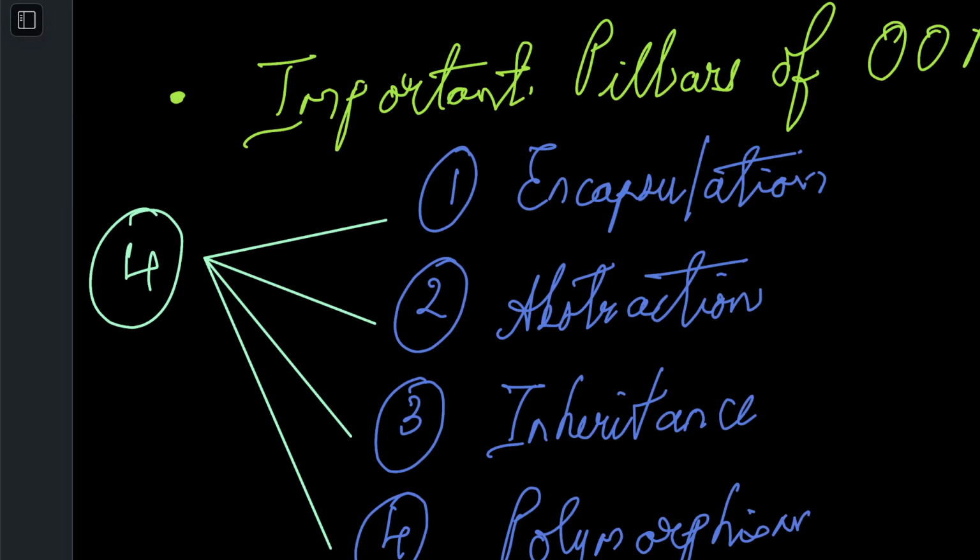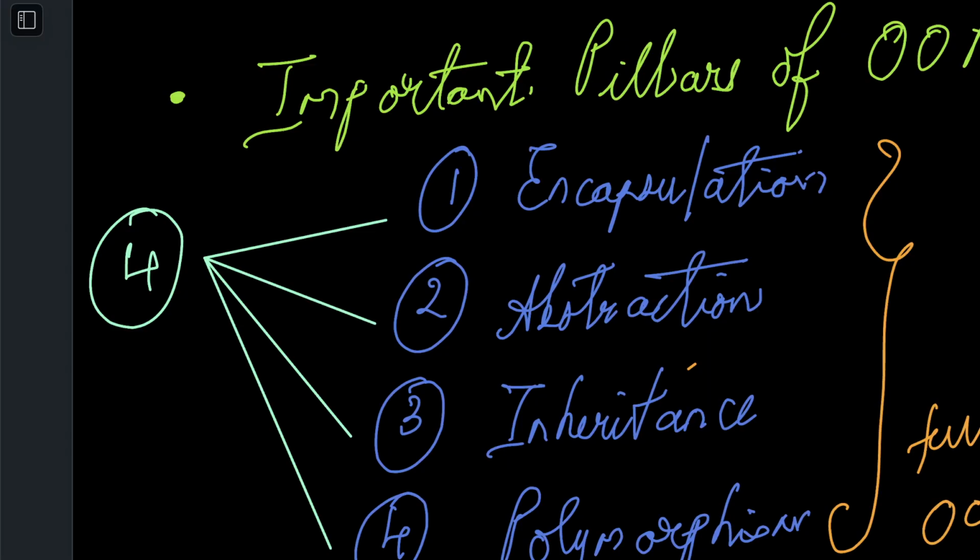If it follows all of them, then it is a full OOP. If it does not follow any one of them, then we don't say that it is not OOP. We only say that it does not follow one of the pillars of OOP.